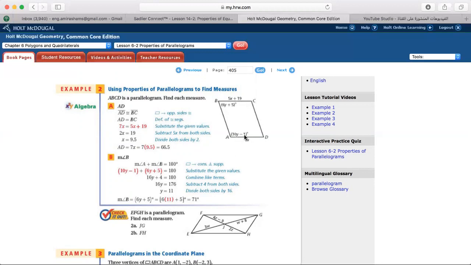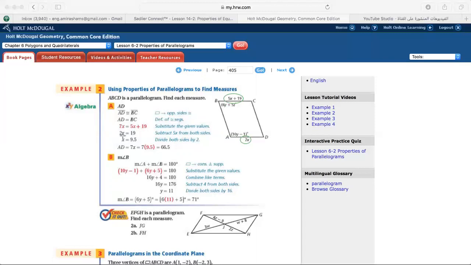So AD is 7x and BC is 5x plus 19. Here I have them. Yes. So 7x is equal to 5x plus 19. So I will subtract 5x from both sides.